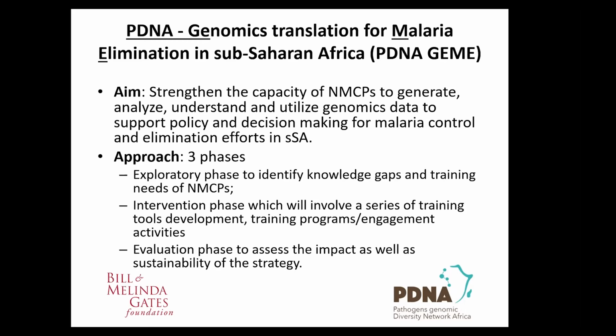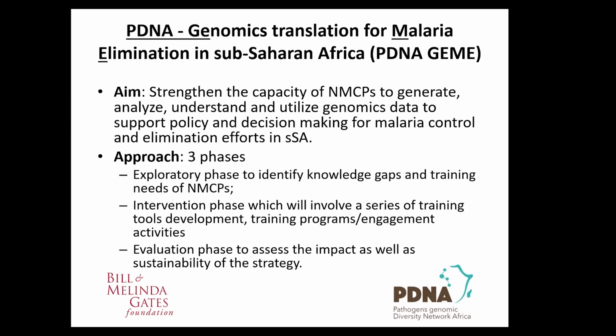So the aim is to strengthen the capacity of NMCPs to generate, analyze, understand, and utilize genomics data in their policy making. And we are using a three-phase approach: an exploratory phase where we are going to identify knowledge gaps and training needs of the NMCPs in the field of genomics.